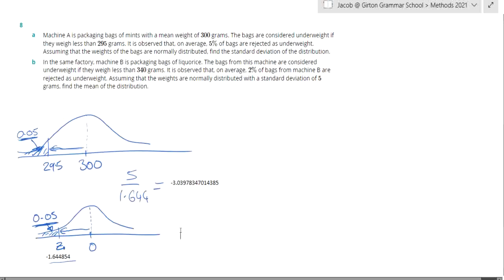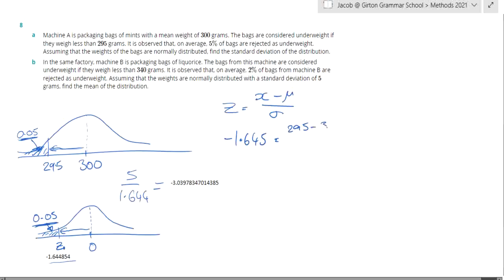Now, a more formal way to do this using the rule, we would say that z equals x minus mu over sigma. Okay, that's the rule. So our z-score was negative 1.645. Our x value is 295.